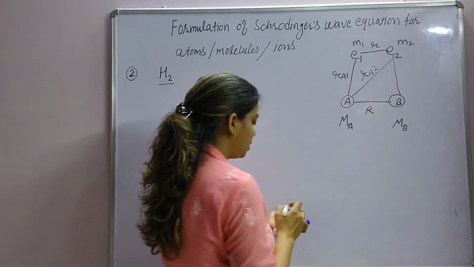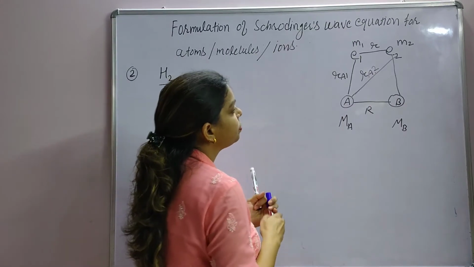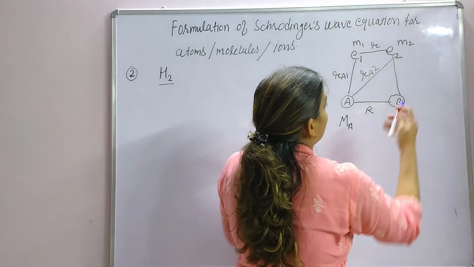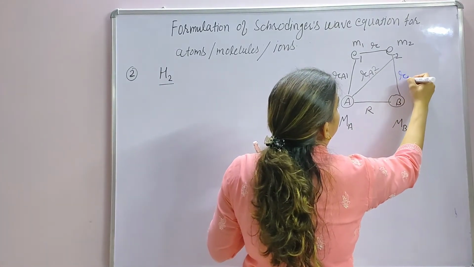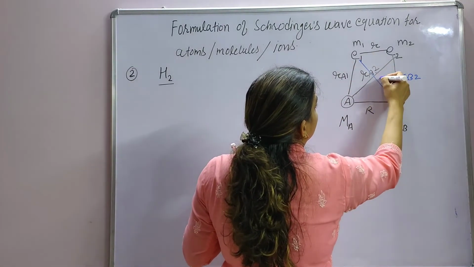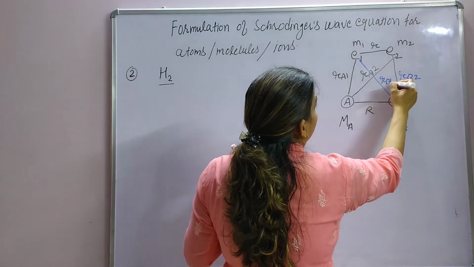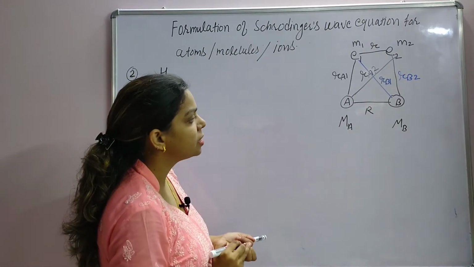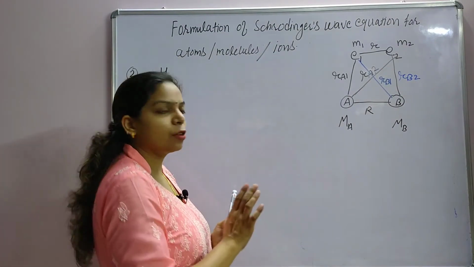Distance of this is RB2 and this one is RB1. These are various distances and masses of the electron.